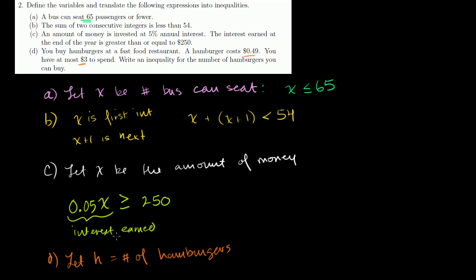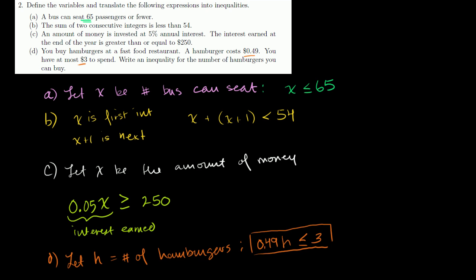So the total I'm going to spend is the number of hamburgers times the amount per hamburger, 0.49. That's the total amount I'm going to spend. And that can at most be $3. So it has to be less than or equal to $3. So that is our inequality.